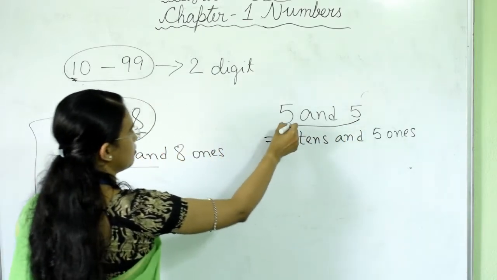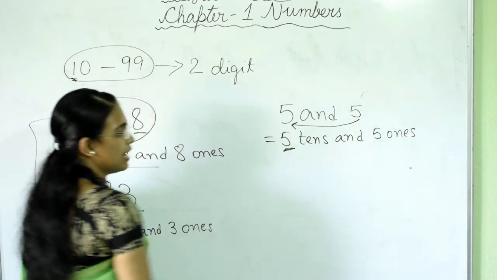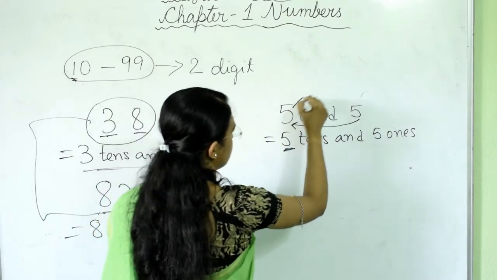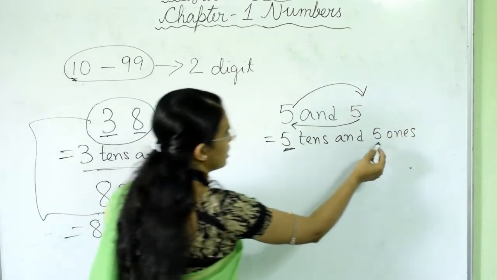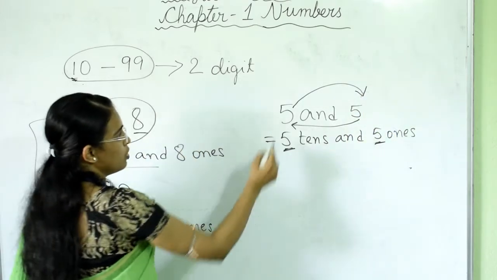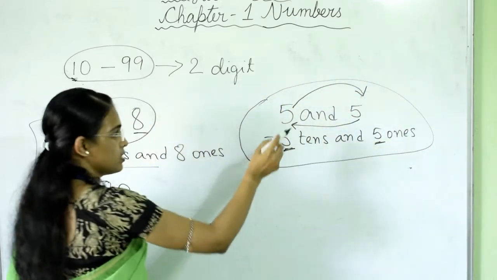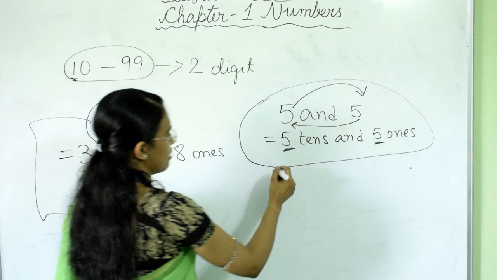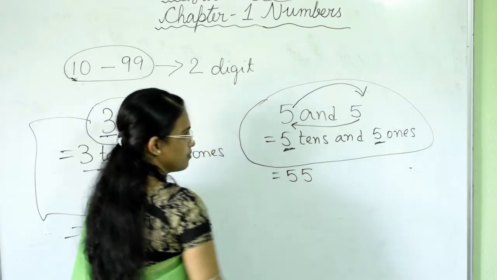Again this 5 will come here in the first position, then also we have 5 tens, and when this number goes to the last position, then also we get the same number, right? So we can also form numbers with the help of the same digit. So 5 and 5 equals 5 tens and 5 ones, that is 55.